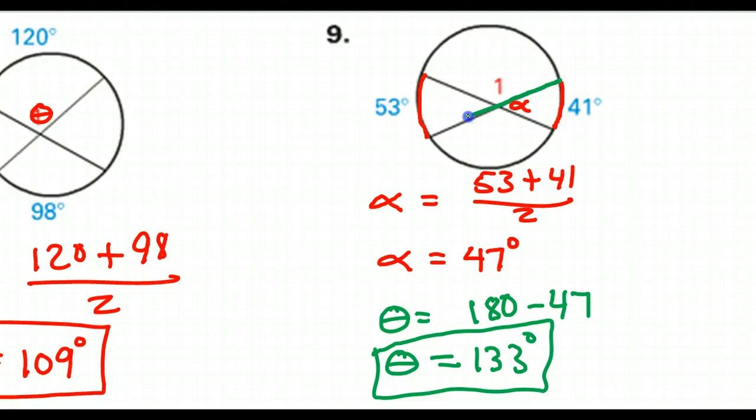So kind of like if I connect these up, making that bow tie shape between the two arcs, it has to be the angle inside the bow tie. It can't be the angle that's outside. Anyway, moving on.